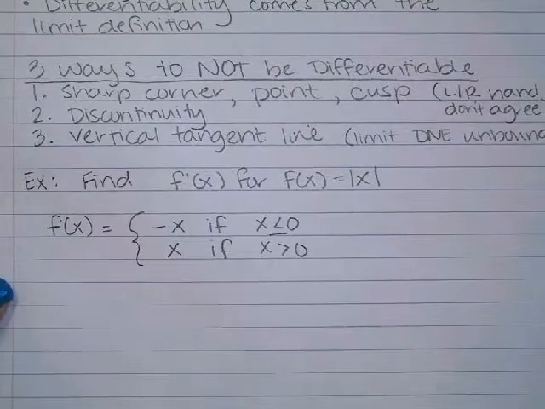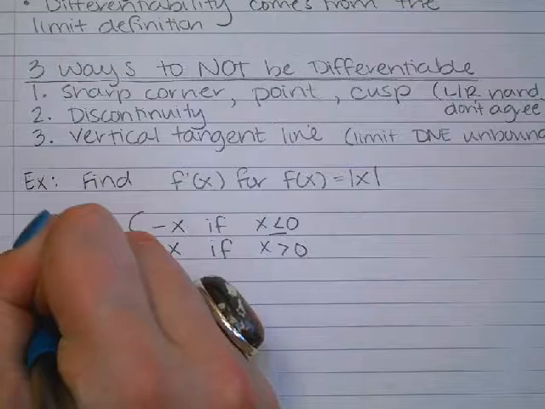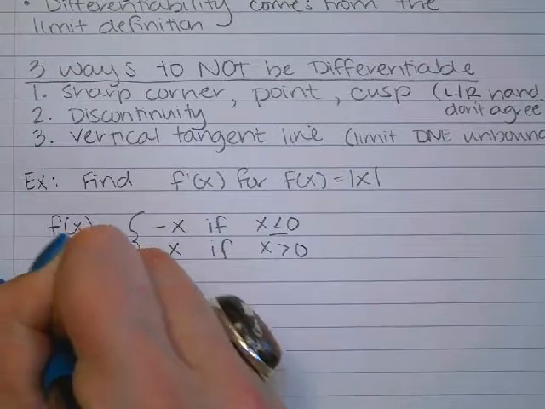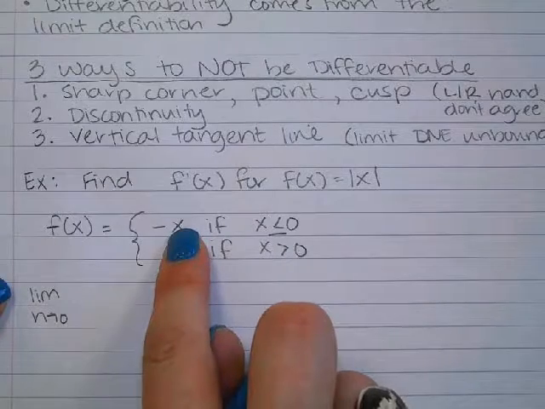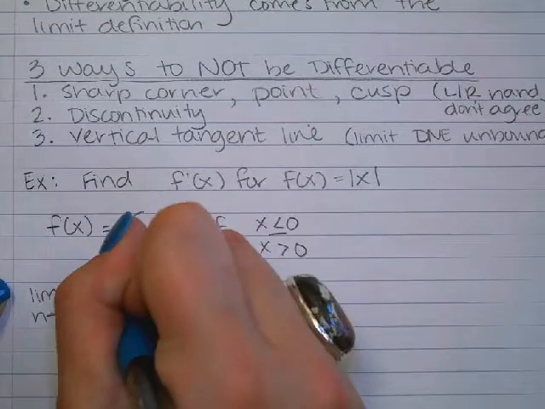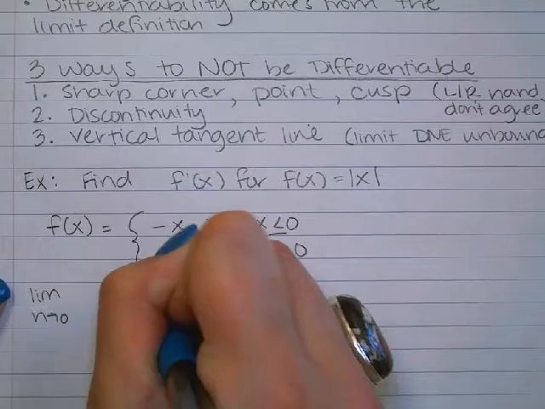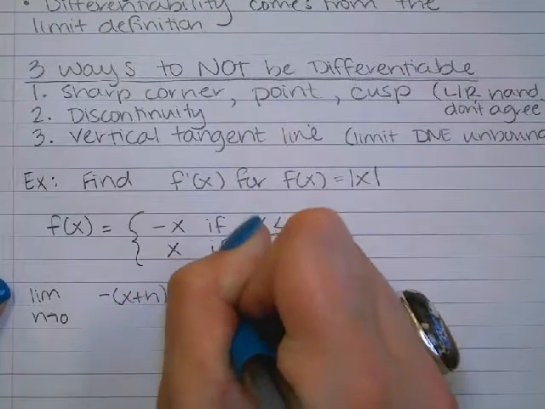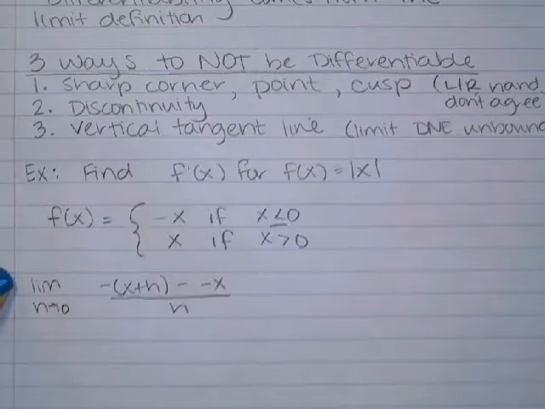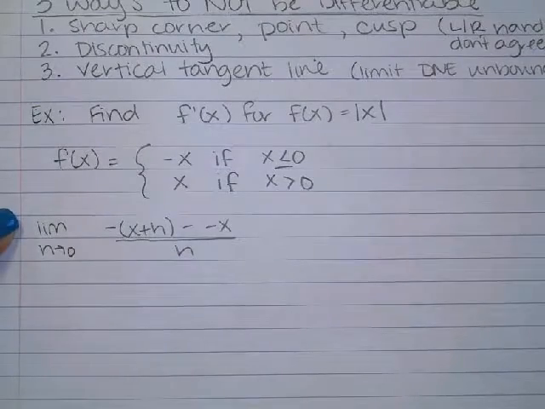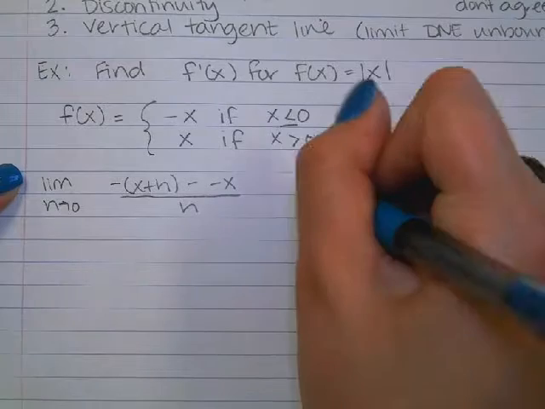All right, so we're going to go ahead and find the limit. So we're going to say the limit as h goes to 0, and I'm going to plug x plus h in this one first. So I'm going to say that's negative x plus h minus negative x divided by h. So there's my first one. That's the negative version. And I'll go ahead and I'll do the positive version as well.